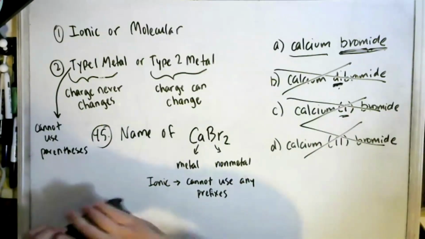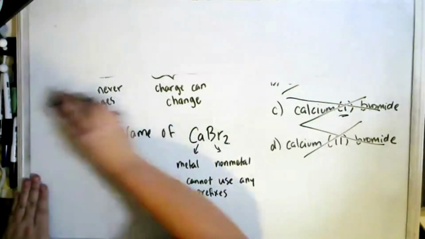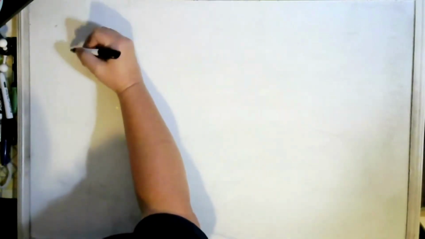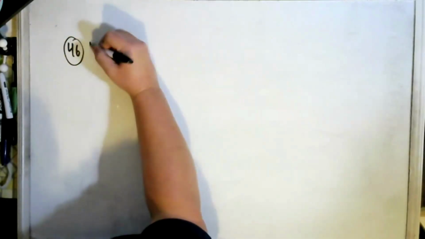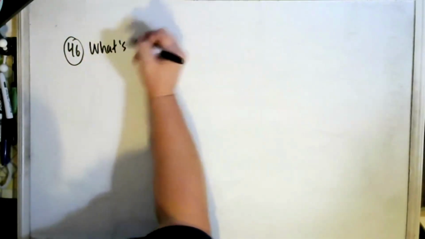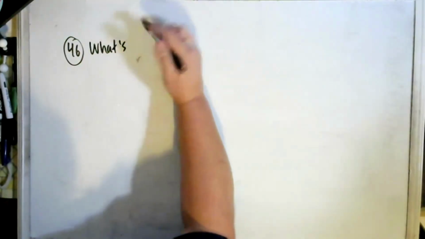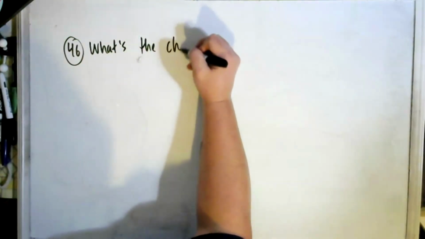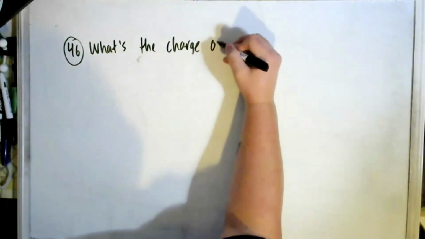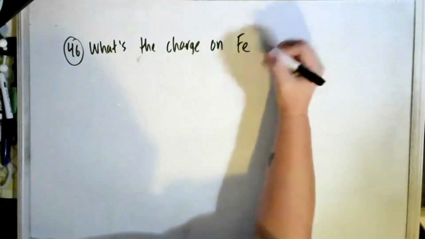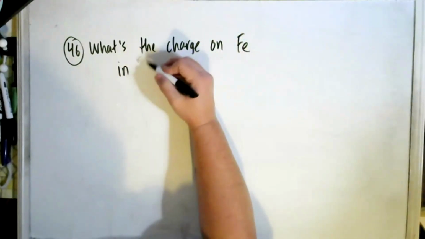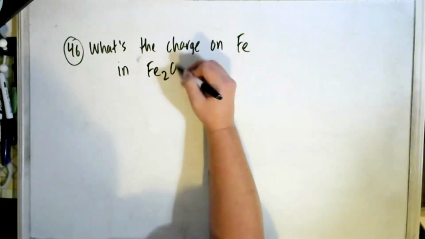All right, next question. We worked a little bit on this in the compound lab with some of the charges, looking at how you figure out charges from compounds. But this question says, what's the charge on iron in Fe2O3?